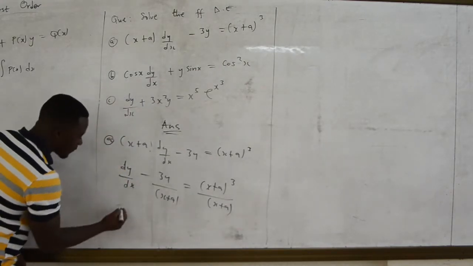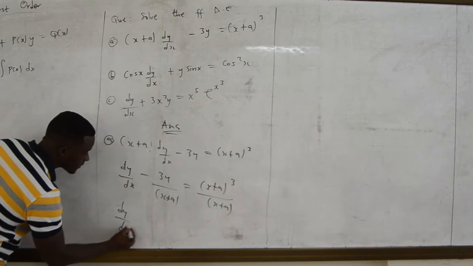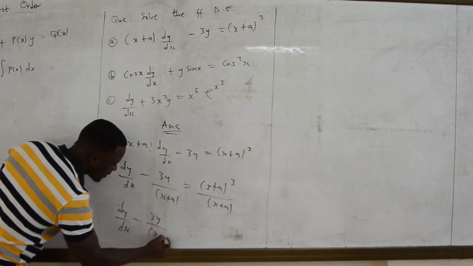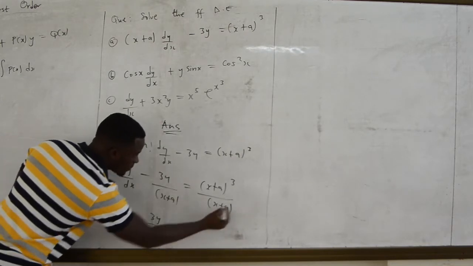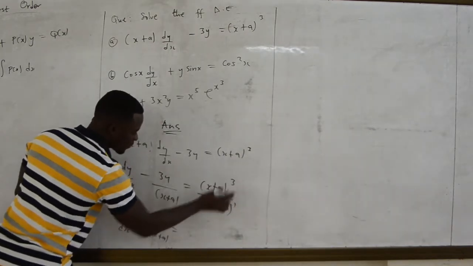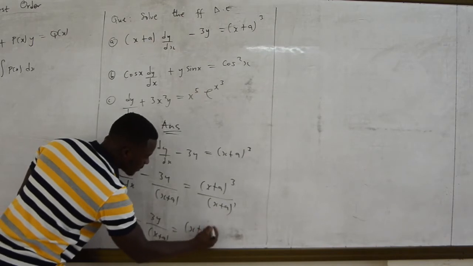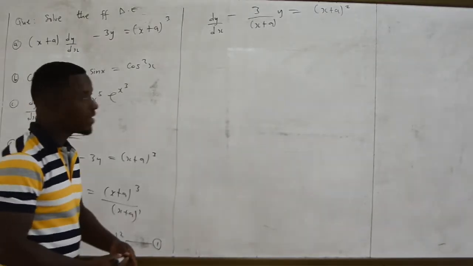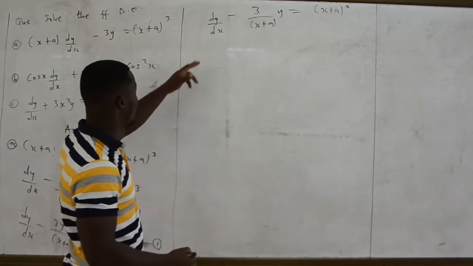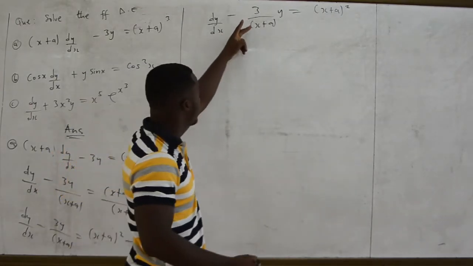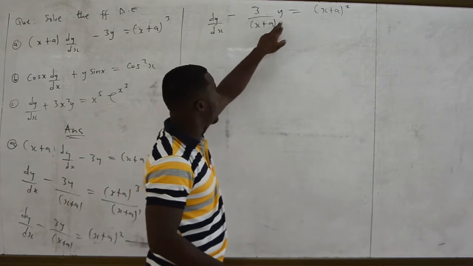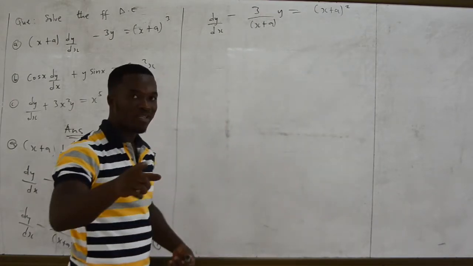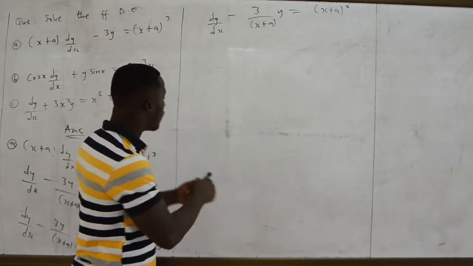Rewriting this, taking the power of 1 reduces this to (x plus a) to the power of 2. So here we have my equation 1: dy/dx minus 3 over (x plus a) times y is equal to (x plus a) squared.